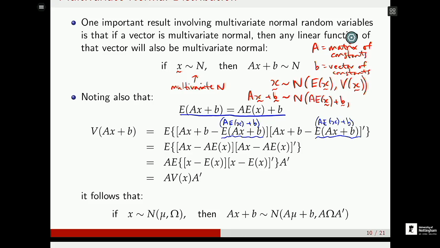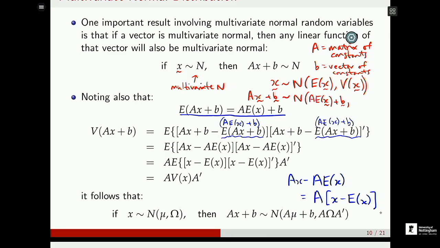Now in the next line what we're going to do is just bring A out. A appears as a pre-multiplying factor, so we can write that Ax minus A E[x] is equal to A into x deviated from its mean. Just bring A out the front. Remember, it has to be out the front because the order of multiplication matters with matrices.